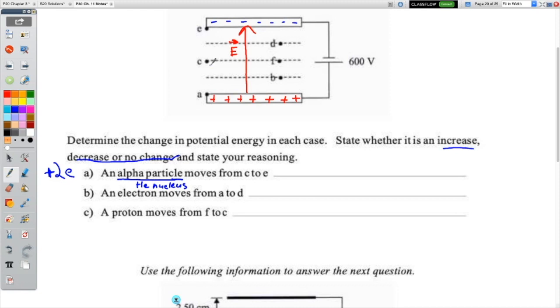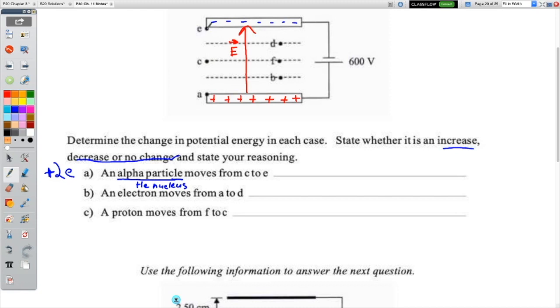If I'm at C already, do I want to fly up to E or do I want to pull down to A? You can think of it as I want to get towards that negative plate, or you can also think I'm positive, so I will move parallel, not anti-parallel. I'll move with the electric field. That's the force on a positive charge. So what does it want to do? It already wants to go to E.